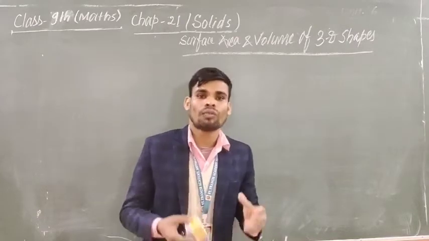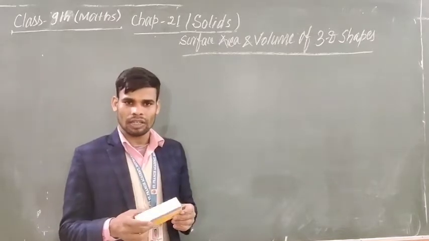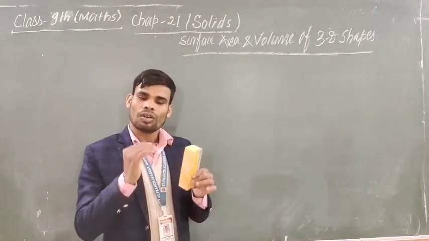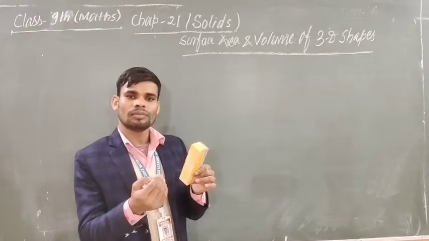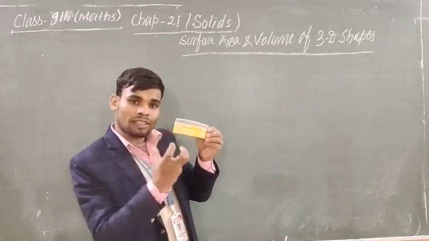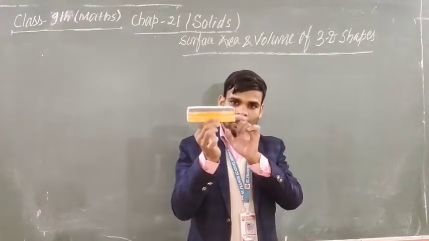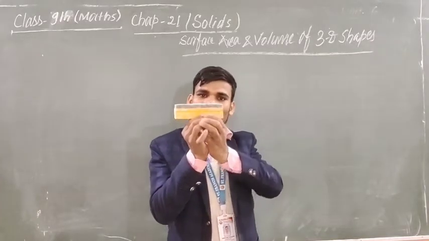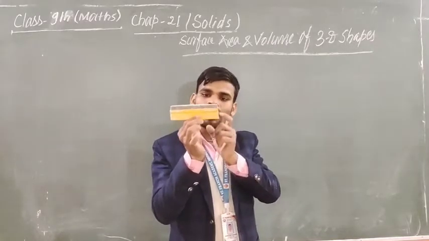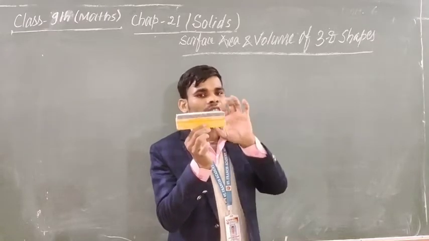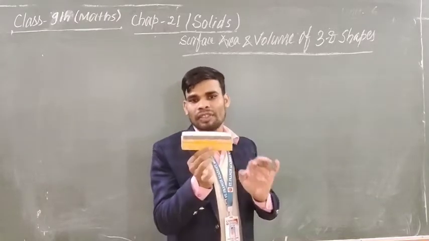After that, what is the volume of a solid? We can say volume is the space occupied by a solid. This duster is occupying some space of the universe, so the space occupied by this duster is known as the volume of this duster.